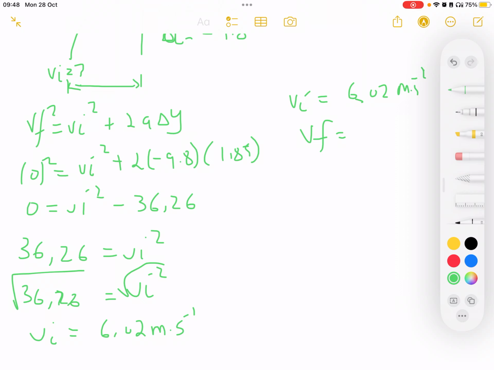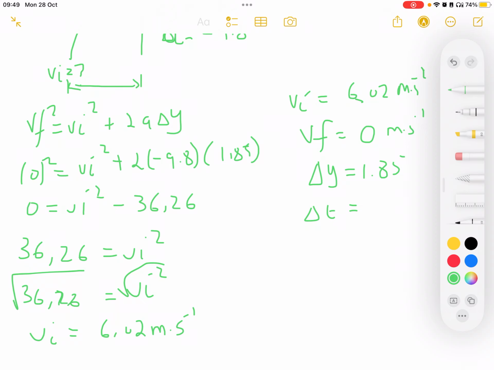we will have now the V final, which is 0 at maximum. Now, Vi is equal to 6.02. Vf, which is the maximum velocity, is 0 meters per second. And then now we want the time. We have the displacement, which is 1.85, but we want the time it took.